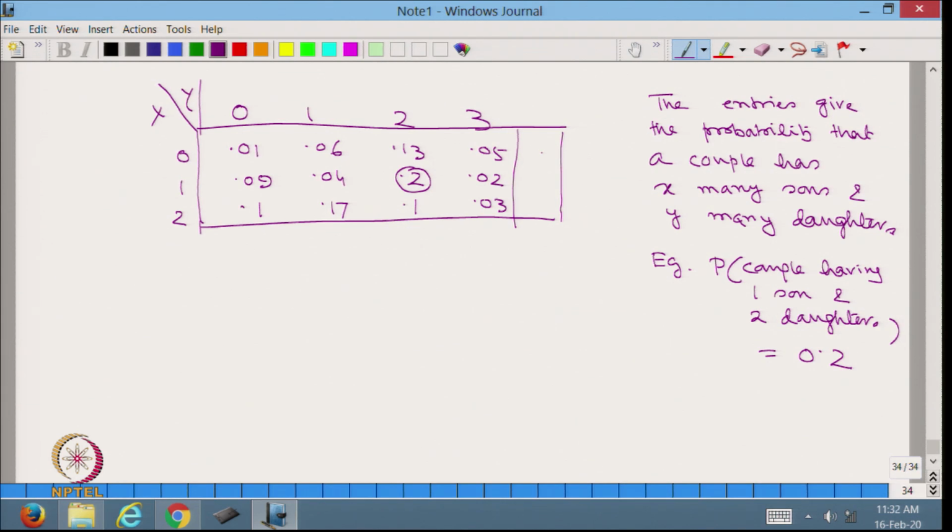So, this gives me 0.25, this gives 0.35 and this gives 0.4.